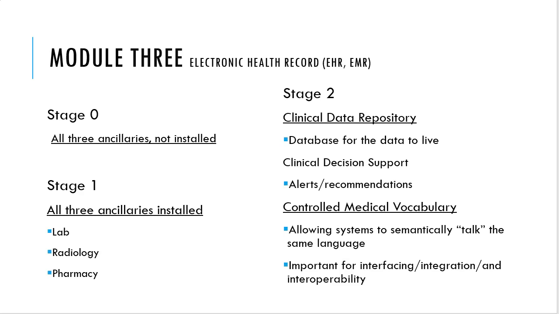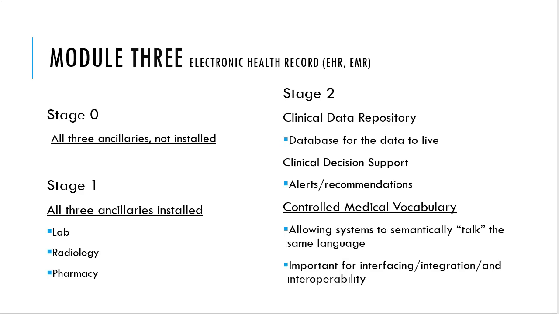Most have at least gotten to a stage 2, where there's a clinical data repository, a centralized database, and there is some rudimentary, at least, clinical decision support in the aspects of alerts or recommendations based upon lab tests or radiology results, or drug interactions with drug-drug or drug-condition interactions.